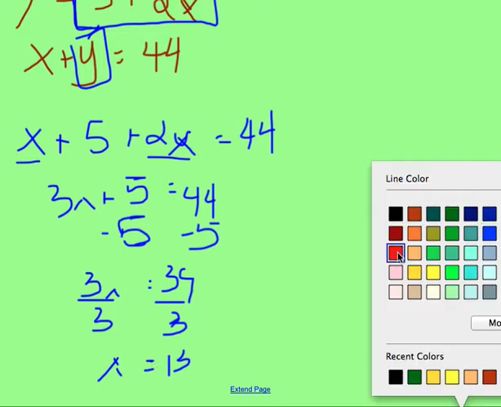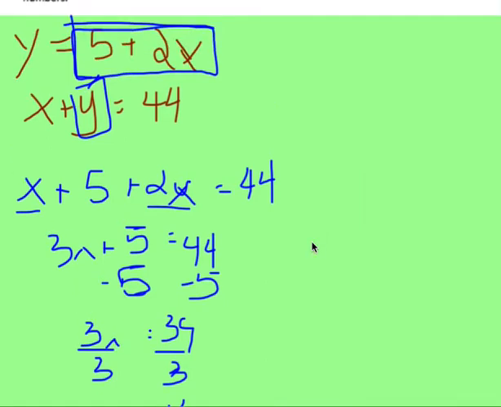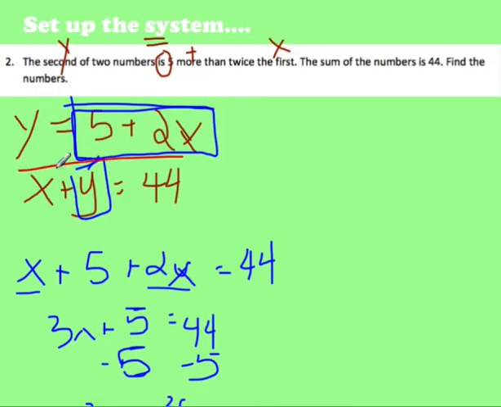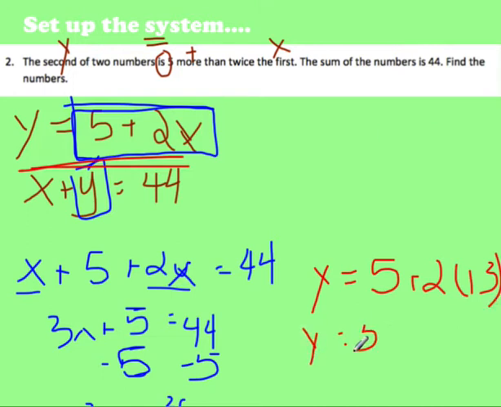Well, let's go ahead and get the second. So we know, going up here, that y is equal to 5 plus 2x. Well, now we know what x is equal to. So x is going to come out completely, and I'm going to put in 13 instead, since x is equal to 13. So then I get that y is equal to 5, and then 2 times 13 is going to give me 26.